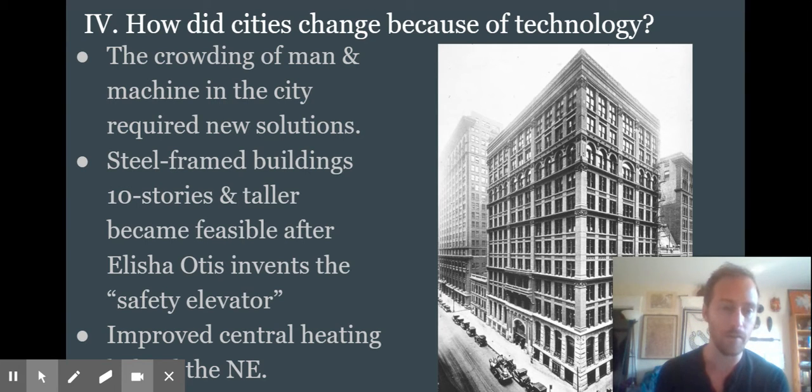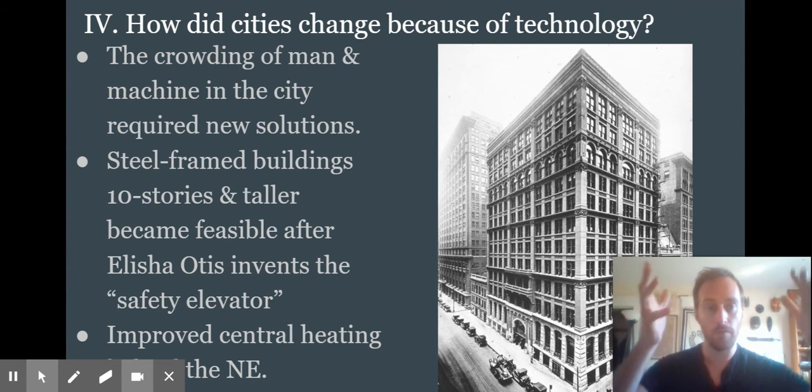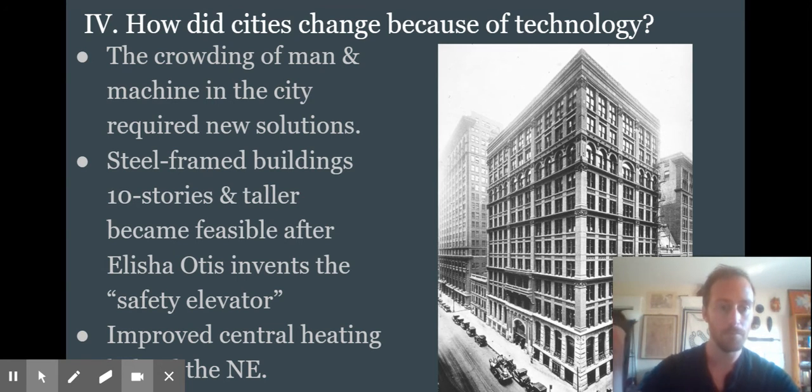In reality, he's got brakes that automatically engage, and it's the same technology that's still used in elevators. If the elevator drops, hooks come out and stop it in the elevator shaft so nobody dies. Important for New England, better heating. If you're in a building with radiator heat, this is new technology for the late 19th century.